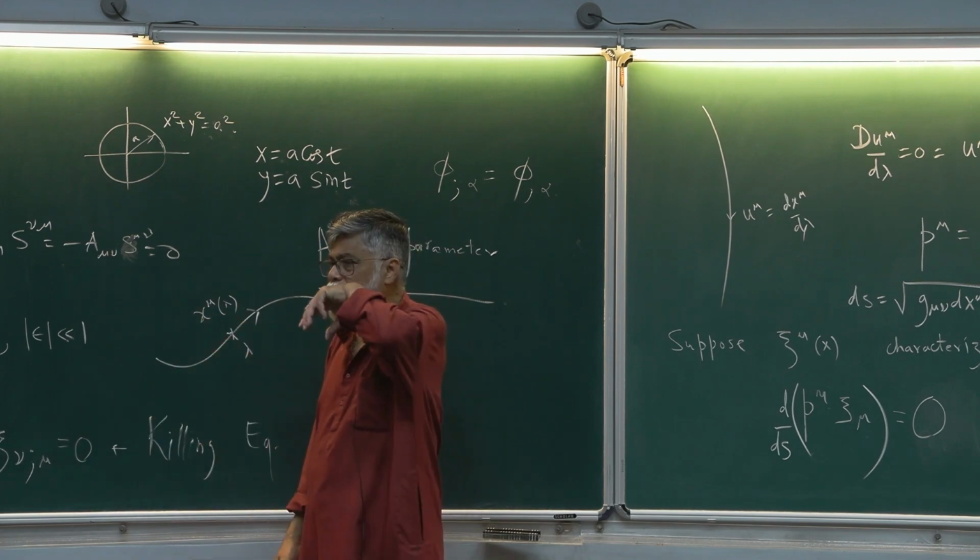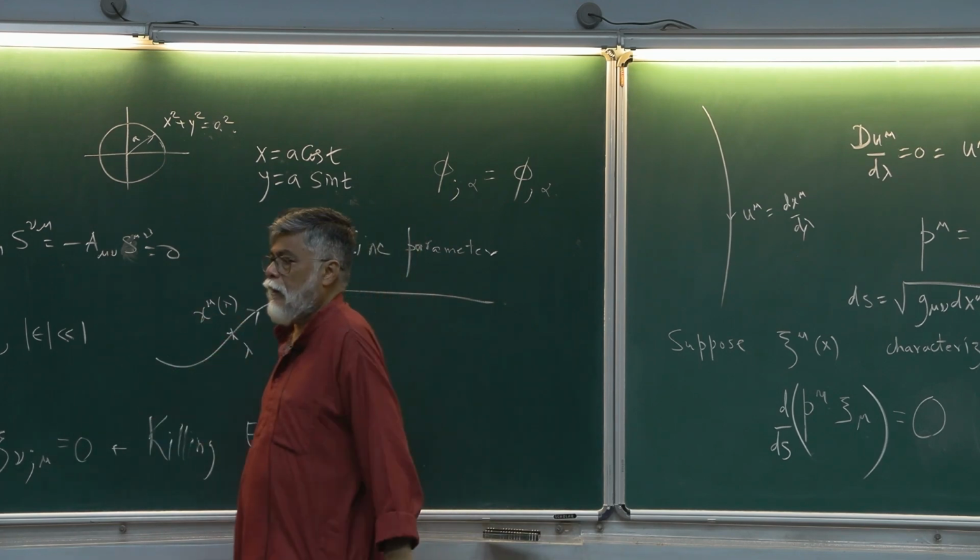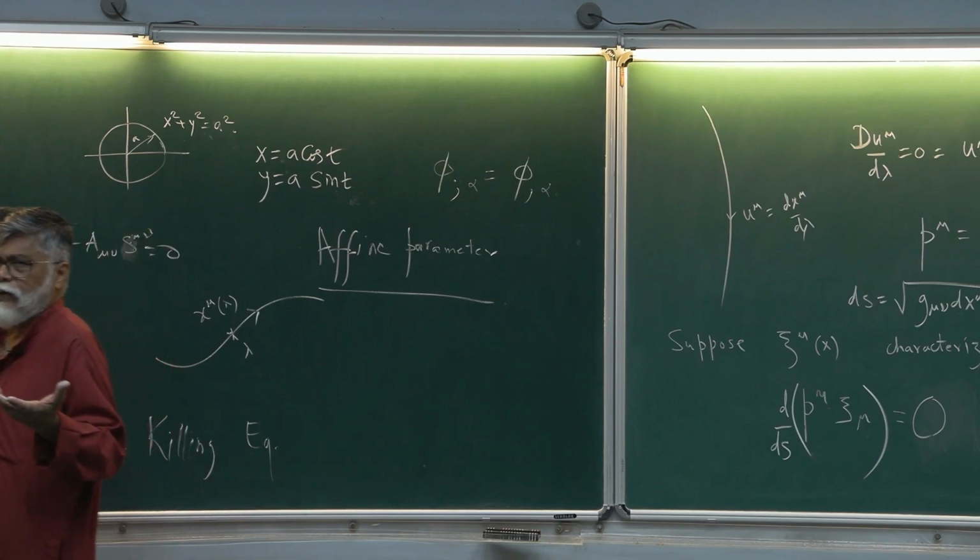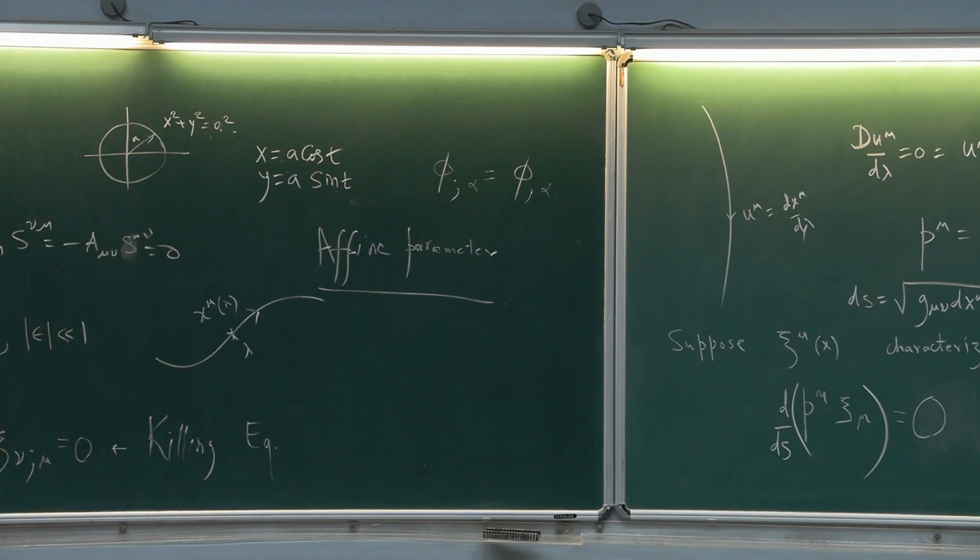So the parameter which is arbitrary, normally in tensor calculus we call it affine parameter. But there is a special parameter for particles that move with speed less than c, namely the proper time parameter.